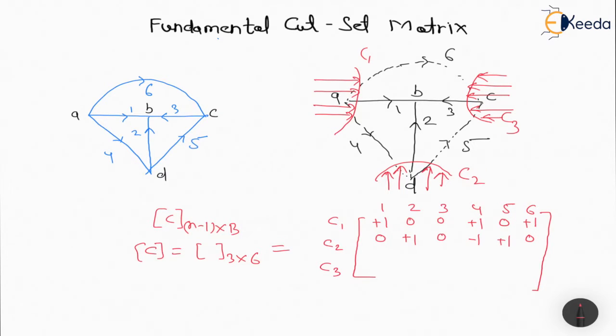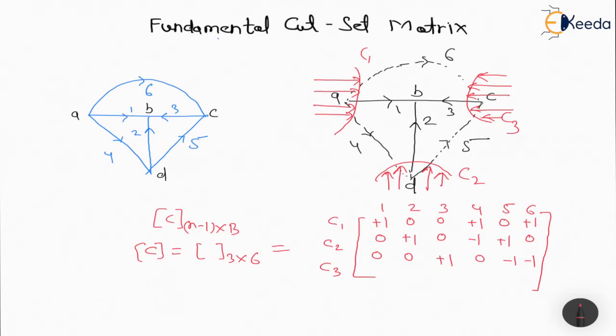For the third cut set, 6 and 5 have inverse current, so minus 1 and minus 1. And 3 is outward, meaning in the direction of C3, so 3 will be written as plus 1. And the rest of them will be 0, 0 and 0. So here is the cut set matrix.